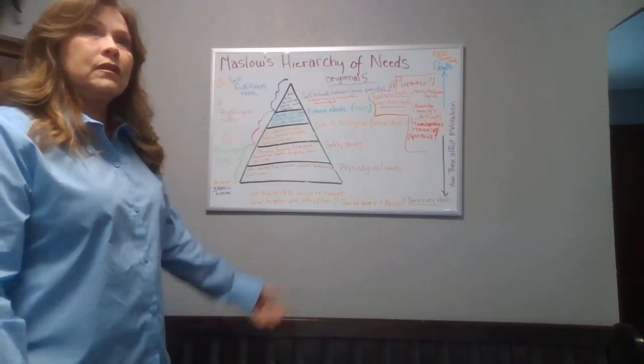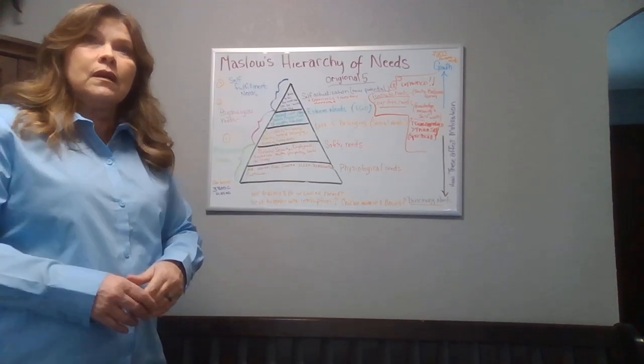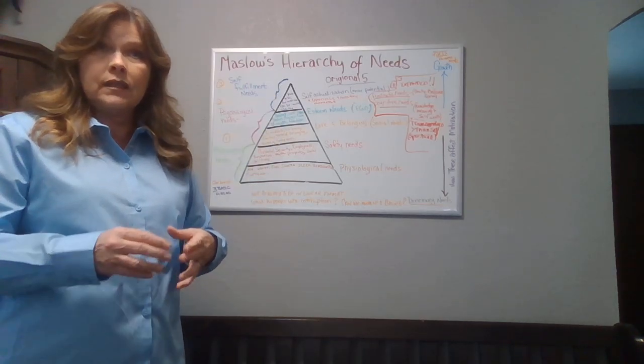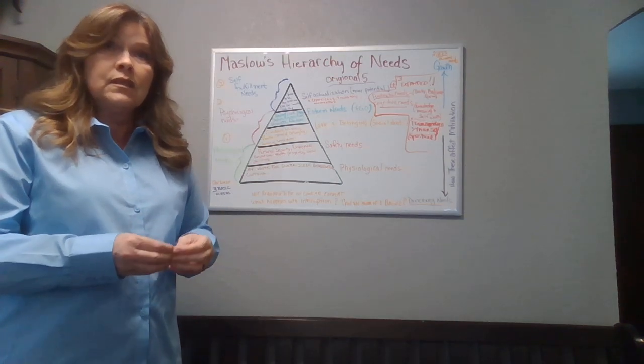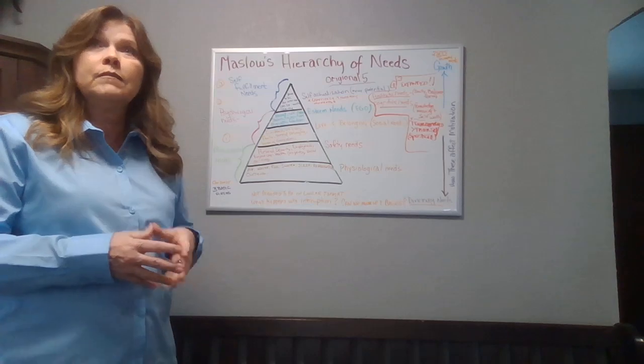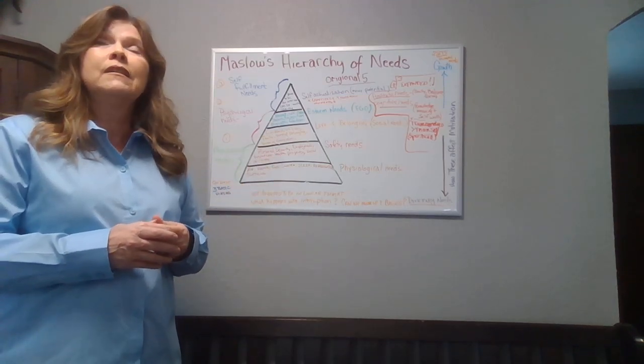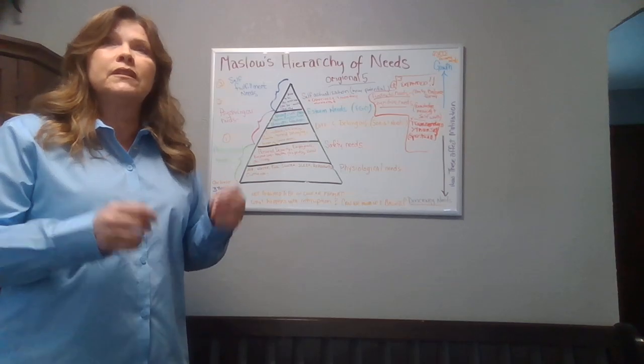Okay? And then let's look at the fifth and the top of his pyramid, which is the highest need, and that is self-actualization. Now, this describes someone's ability to realize their full potential, and people really want to reach this goal once they have successfully completed the other levels.